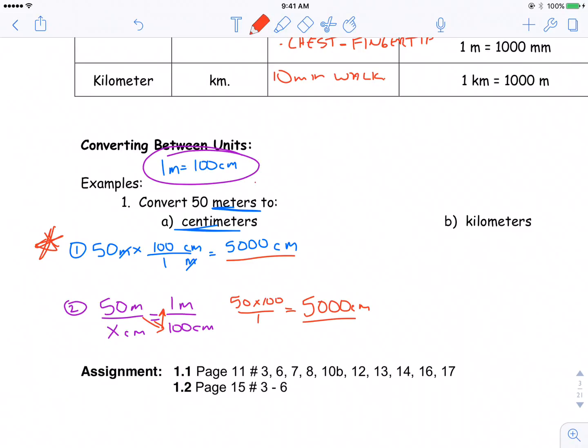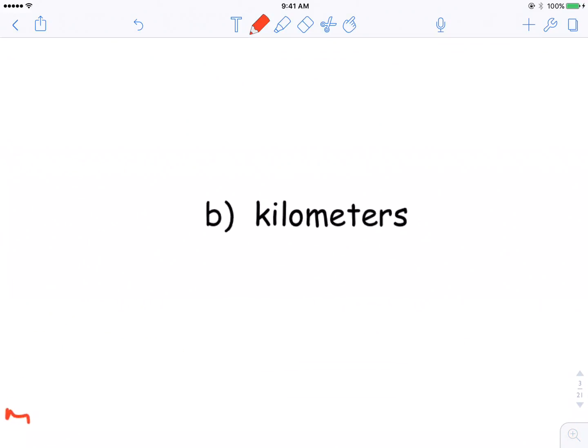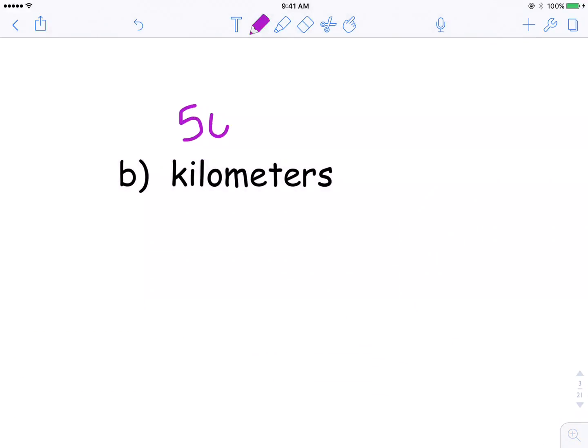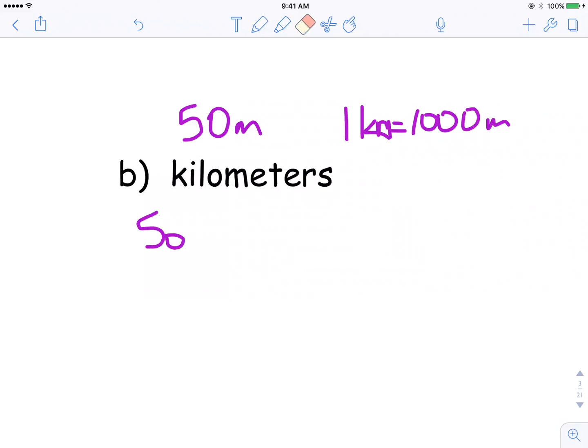Okay, so let's finish off this example. Example B, we want to convert those same 50 meters to kilometers. I know that for every 1 kilometer there are 1,000 meters. So I take my 50 meters and multiply by my conversion factor such that my units will cancel.